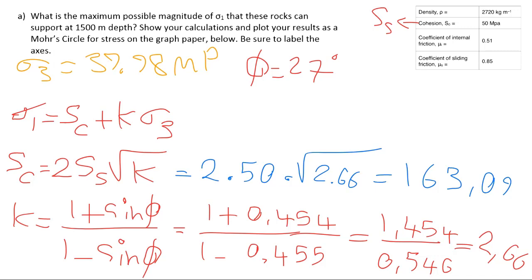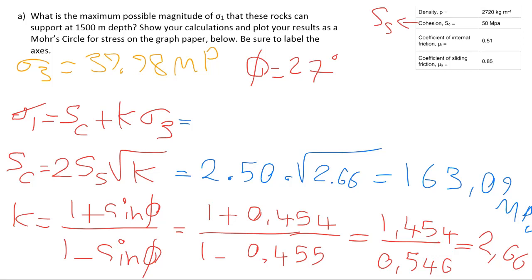Okay, and K has no unit. It's unit free because it's just a ratio, right? And SC indeed is the strength of the rock under compressional force, and this is in megapascal. And then what you do, you plug it here.